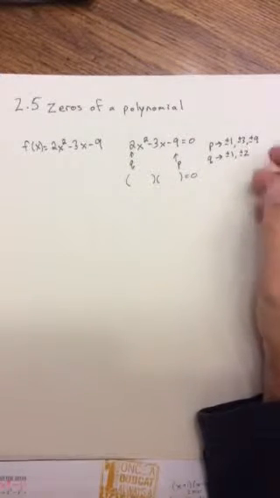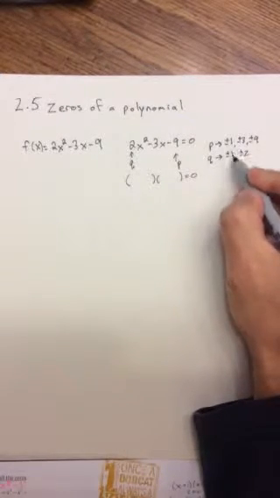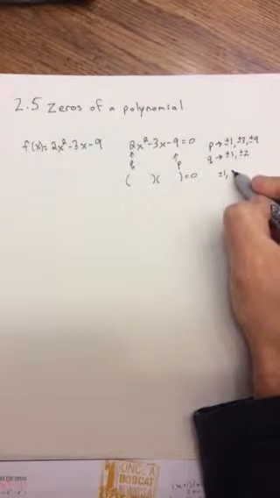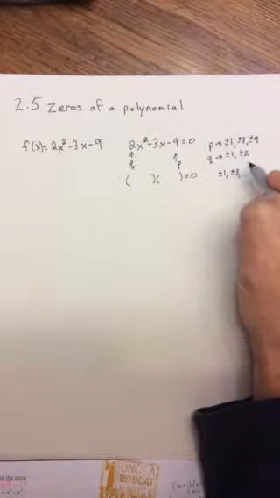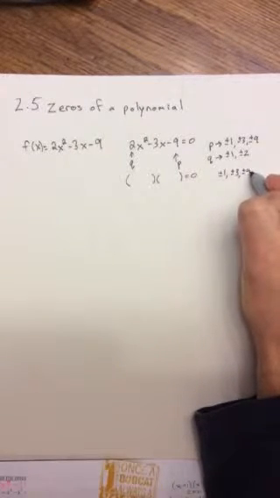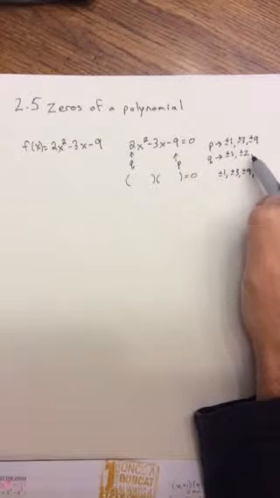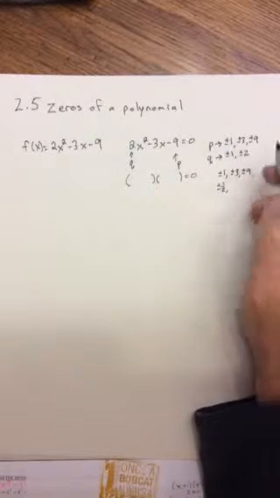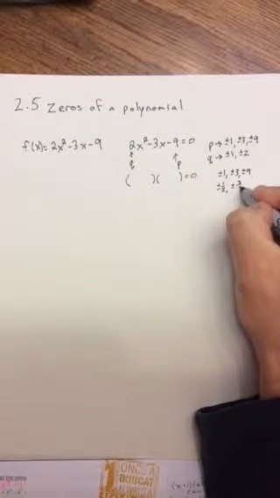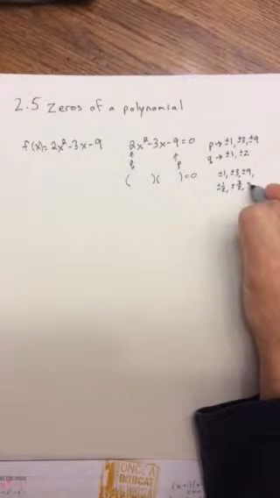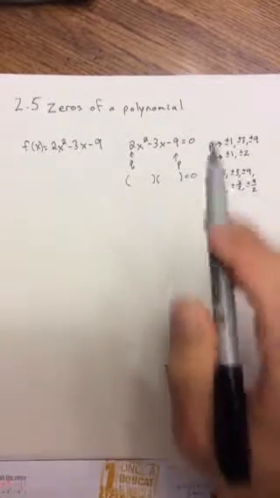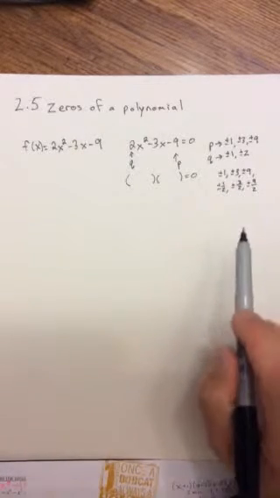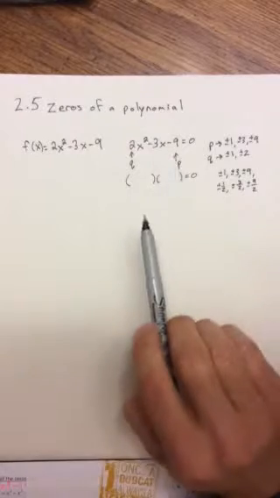So my potential zeros are either 1 divided by 1, plus or minus 1, 3 divided by 1, plus or minus 3, 9 divided by 1, plus or minus 9, or 1 divided by 2, plus or minus a half, 3 divided by 2, plus or minus 3 halves, or 9 divided by 2, plus or minus 9 halves. Now in the end, there are 2, 4, 6, 8, 10, 12 possible zeros. Can they all 12 work?